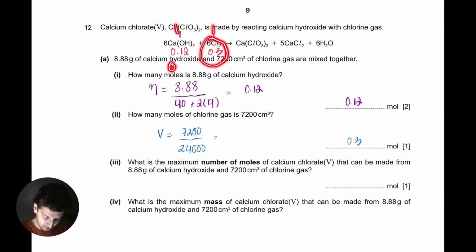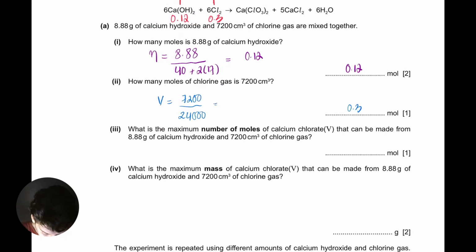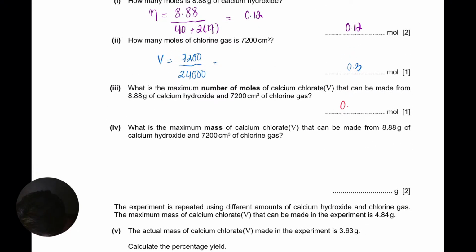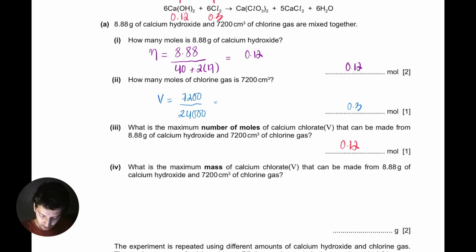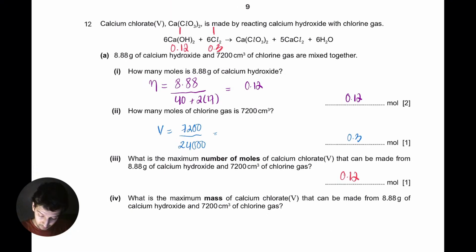So I'll also need 0.3 moles. Do I have that many? No, I do not. So again, this is an excess, this is the limiting factor. So you will just have 0.12 moles of calcium chlorate can be made.